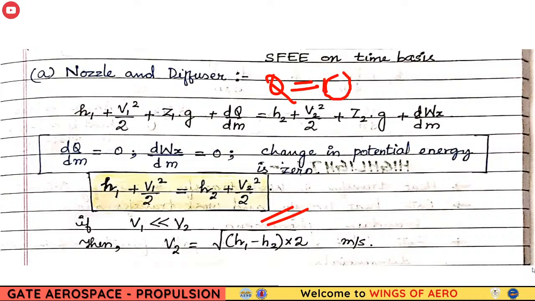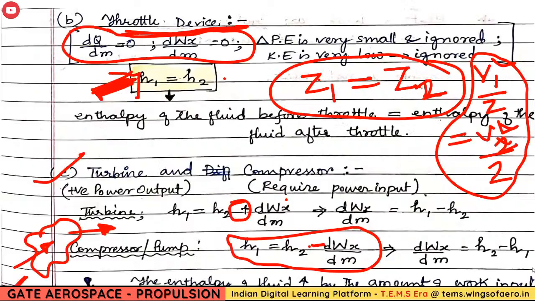So nozzle means no heat is added. Nozzle, diffuser or duct. In this condition, there won't be any heat transfer, nor will the work be done. That is the main concept.